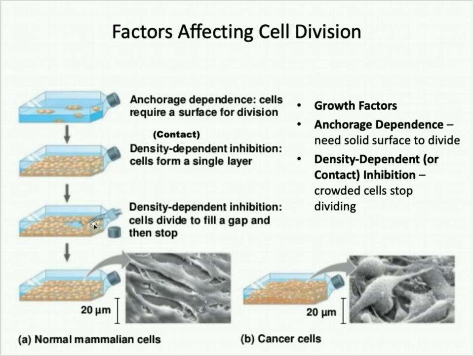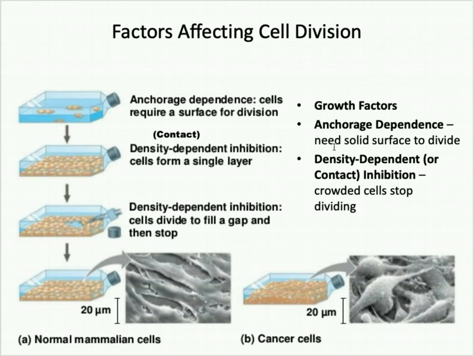So in this picture here, we see that this flask is at full capacity. And if you remove a part of the cell population, then there is room to grow. These cells will divide until they're all touching each other.